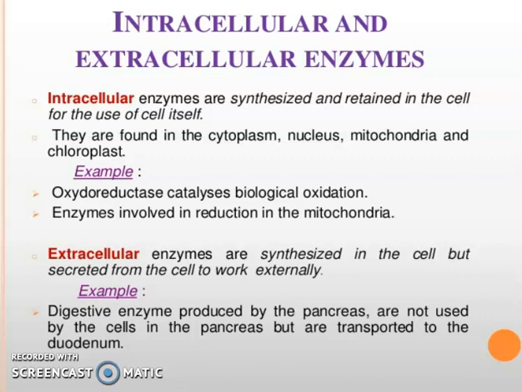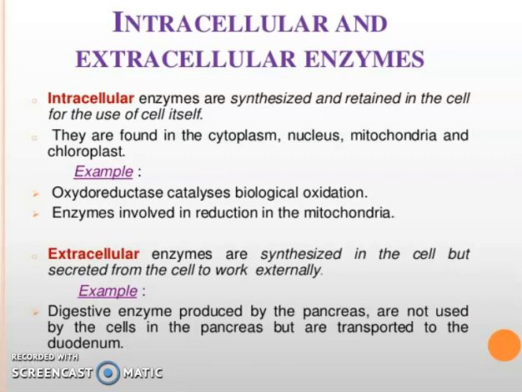Intracellular and extracellular enzymes. Intracellular enzymes are synthesized and retained in the cell for use by the cell itself. They are found in the cytoplasm, nucleus, mitochondria, and chloroplast. Example: oxidoreductase catalyzes biological oxidations, enzymes involved in reductions in the mitochondria.